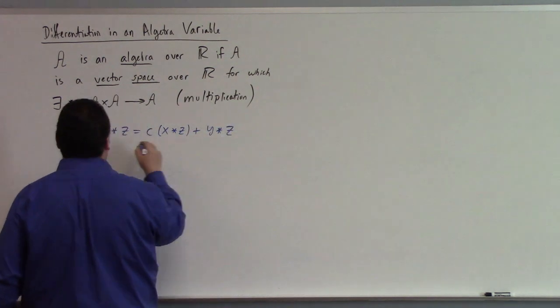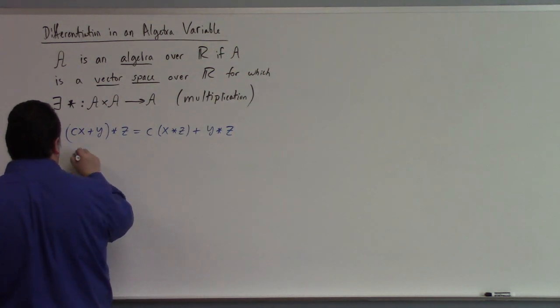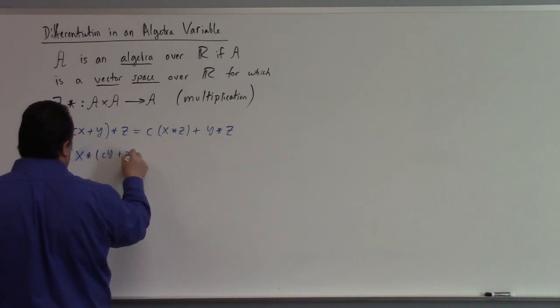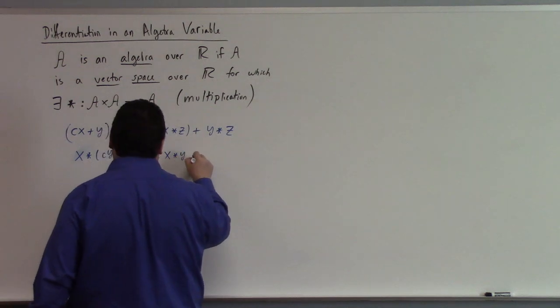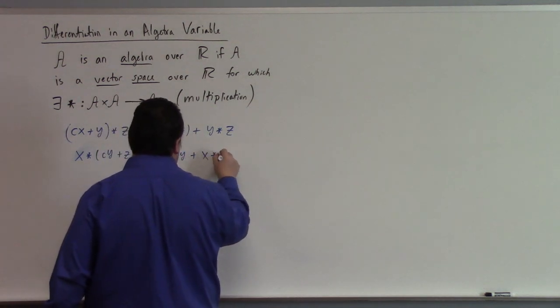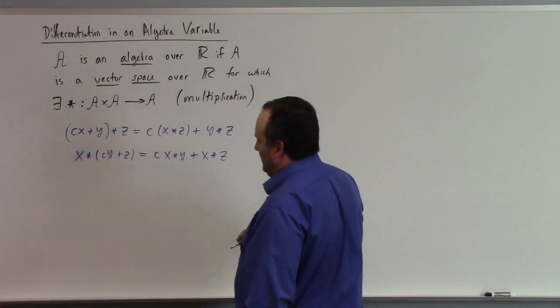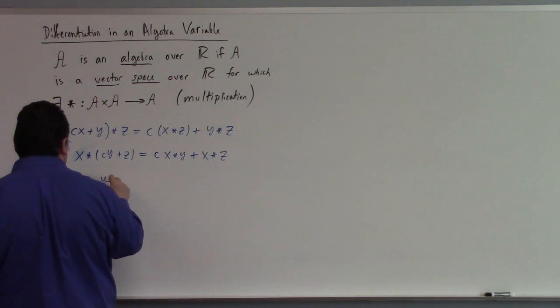If we have x times a constant times y plus z, we get the constant times x times y plus x times z. What else? It's associative. Associative looks like this: x times y times z makes sense.